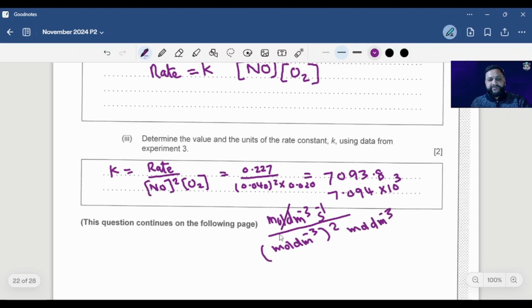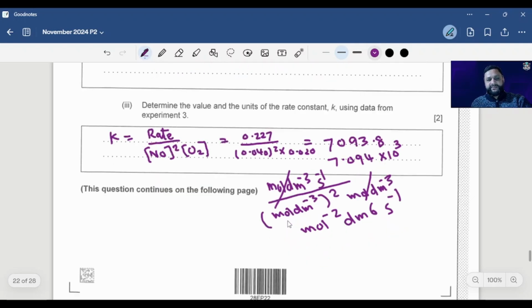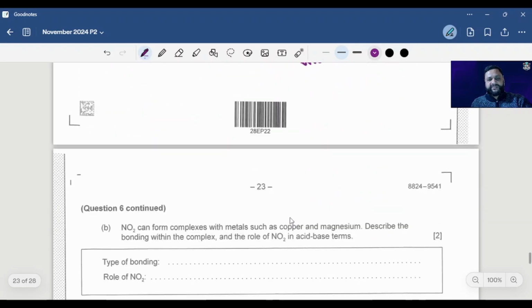So mole per dm cube will cancel with this mole per dm cube, and we will have mole minus 2 dm6 per second. So this is the way we can get 1 mark for units and 1 mark for rate constant. Let's move to the next part of the question.